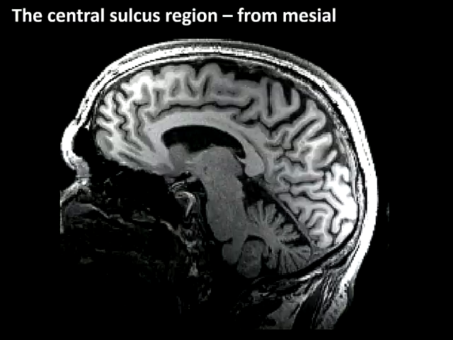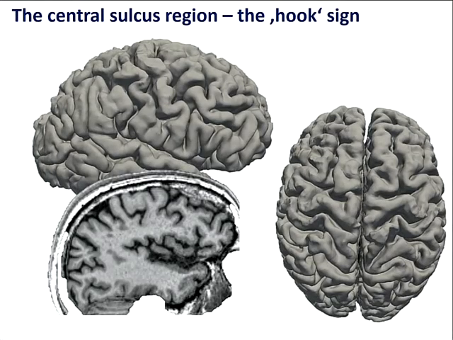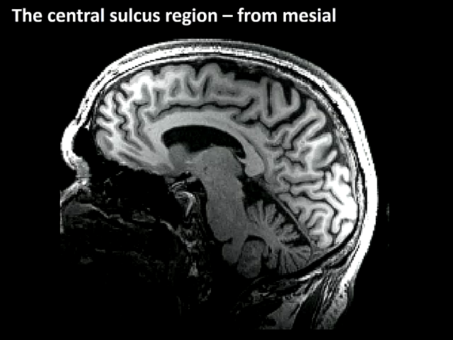So if we now go back on this slide, here we were in the central sulcus region, and here is the part where this back-bended central sulcus goes into the mesial hemisphere, and these two little thingies on both sides are the upper parts of the marginal branch of the cingulate sulcus. So you can at least see it already on the surface that they are very close together. So these also help you here.